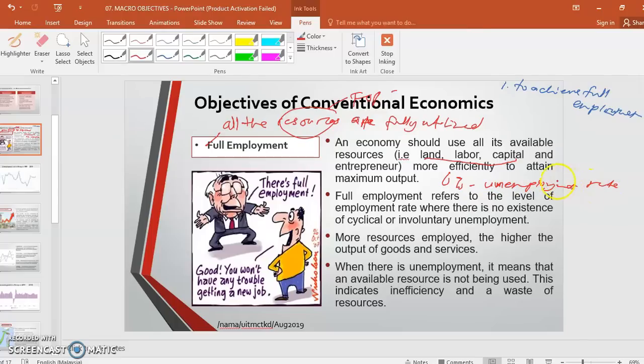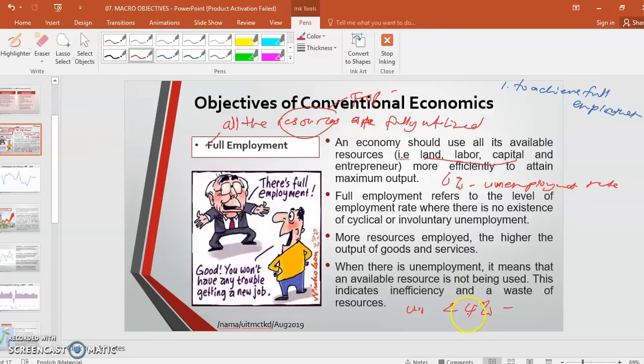So how to consider negara yang capai full employment? Actually every country mesti akan ada yang menganggur. In Malaysia sekalipun akan ada yang menganggur. So if the country's unemployment rate is less than 4%, we consider the country to achieve full employment.